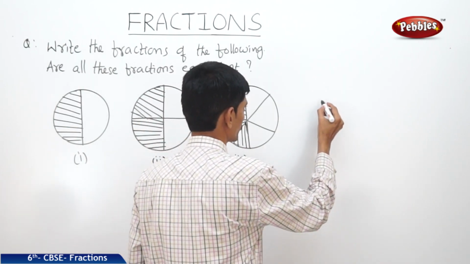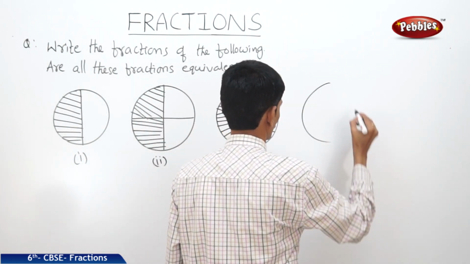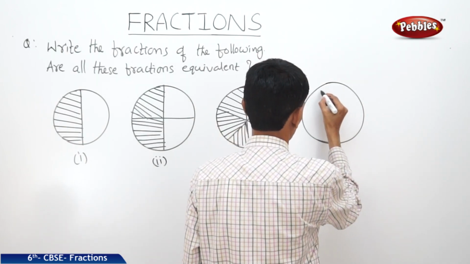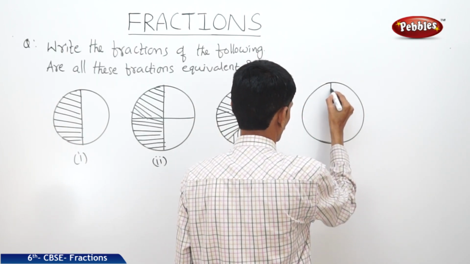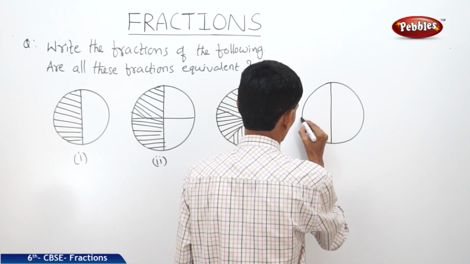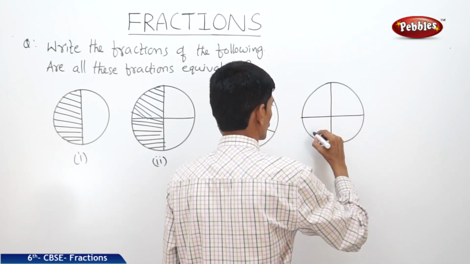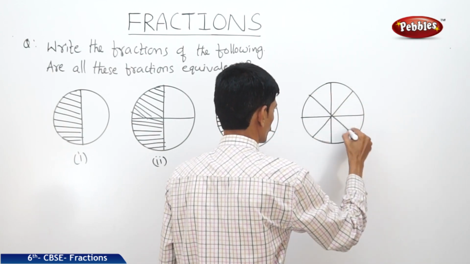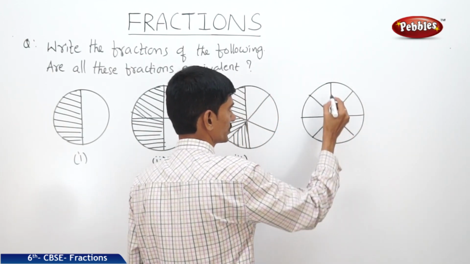Next, in the fourth case, the circle is divided into 8 equal parts. In this, four parts are shaded.